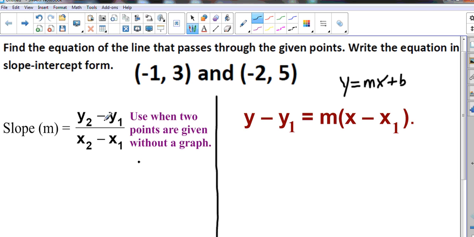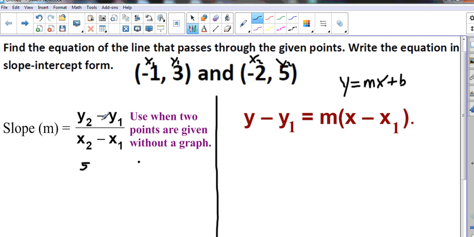So the first thing you do is you go ahead and label x1, y1, x2, y2. Okay, so you have y2 now. It's just about substitution. Y2 you labeled as 5, so you go ahead and put 5.